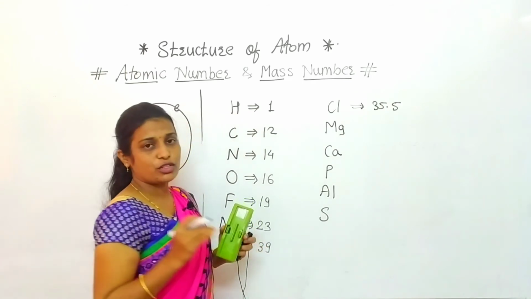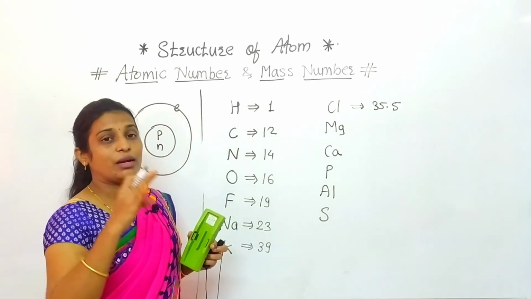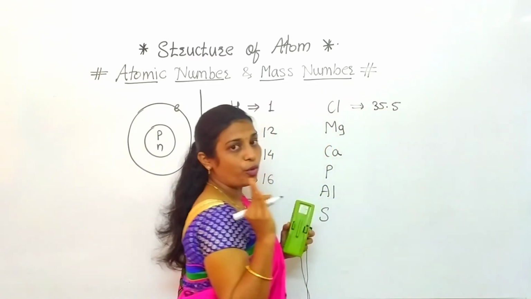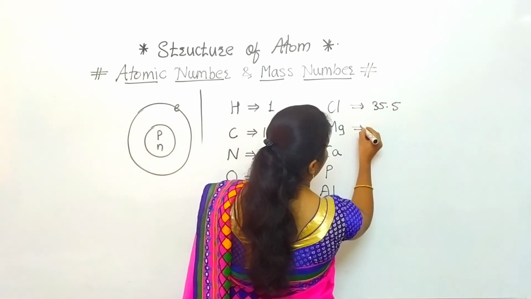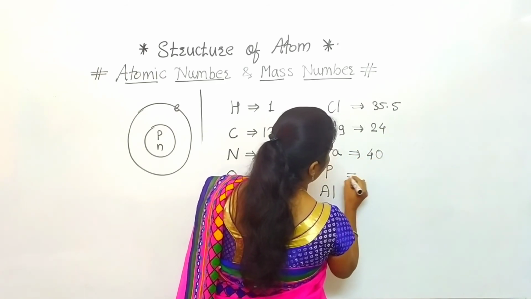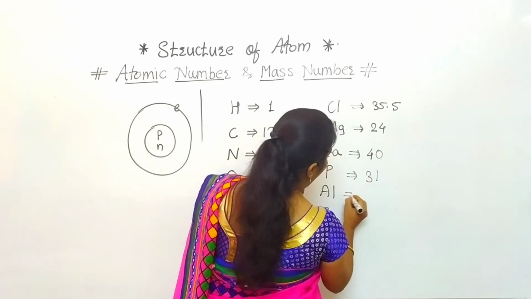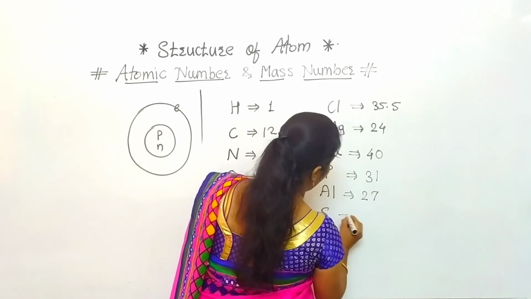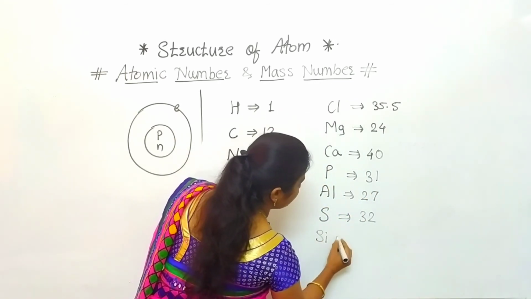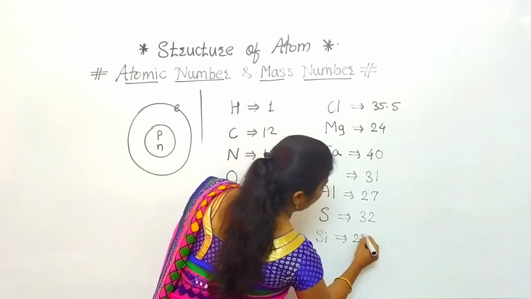Always keep in mind that students do not take that 0.5, so every time for chlorine you have to take 35.5. Magnesium it is 24. Calcium it is 40. Phosphorus it is 31. Aluminium it is 27. Sulfur it is 32. Silicon it is 28.